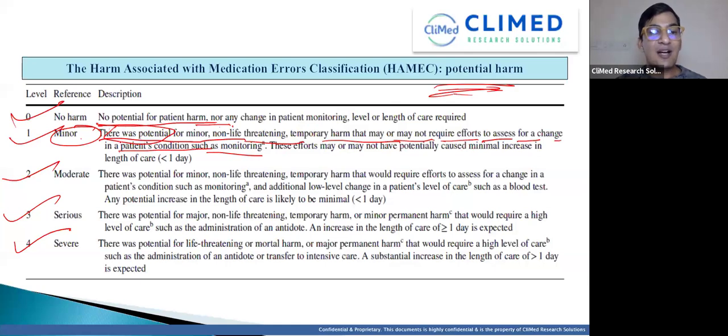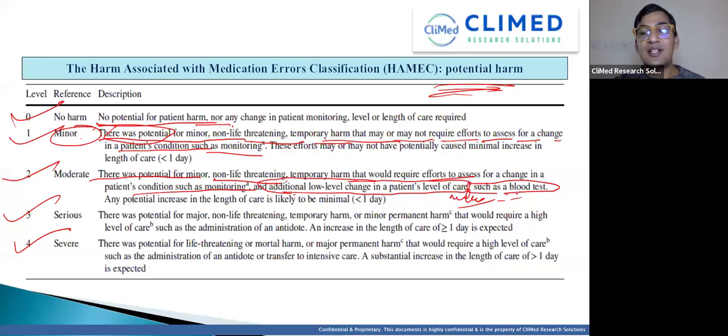Moderate is a potential for minor non-life threatening temporary harm that would require monitoring and addition of low level changes in the patient's level of care, meaning additional medicines might be needed and blood tests for monitoring are needed.